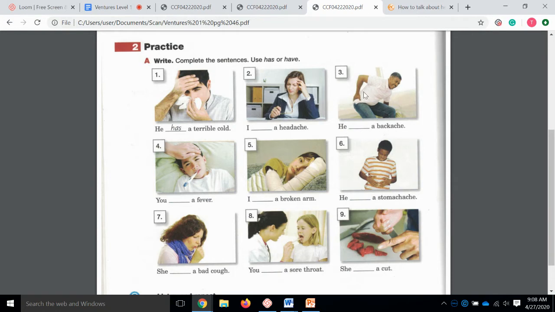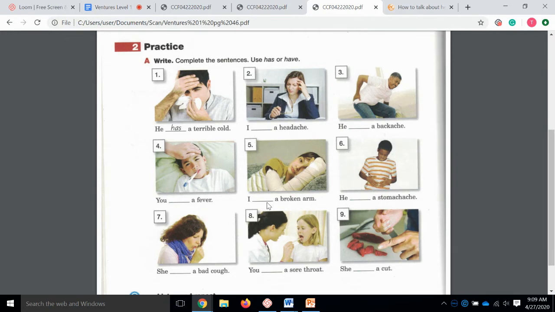He's holding his back right here. He has a backache. Here, we've got a thermometer. What's this? This is a thermometer. And they're touching his forehead to check his temperature to see how hot he is. You have a fever.